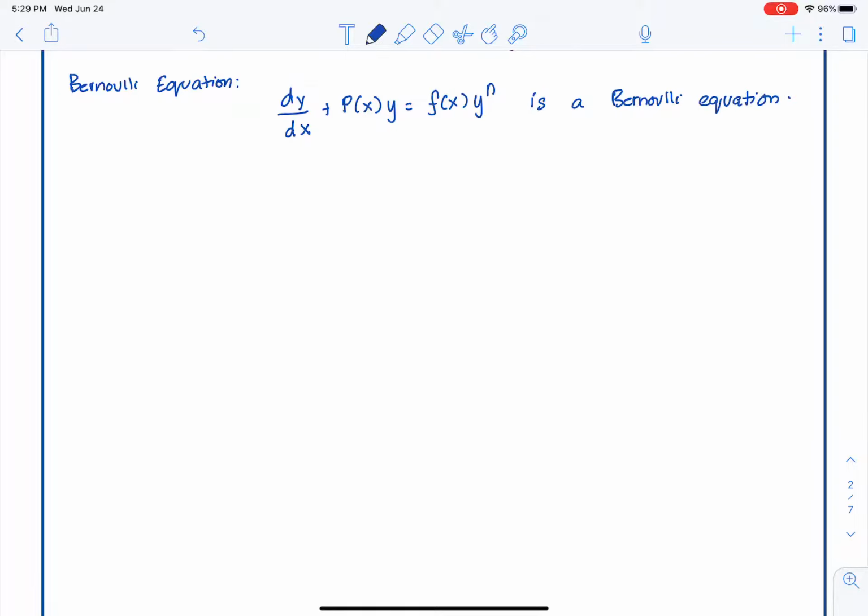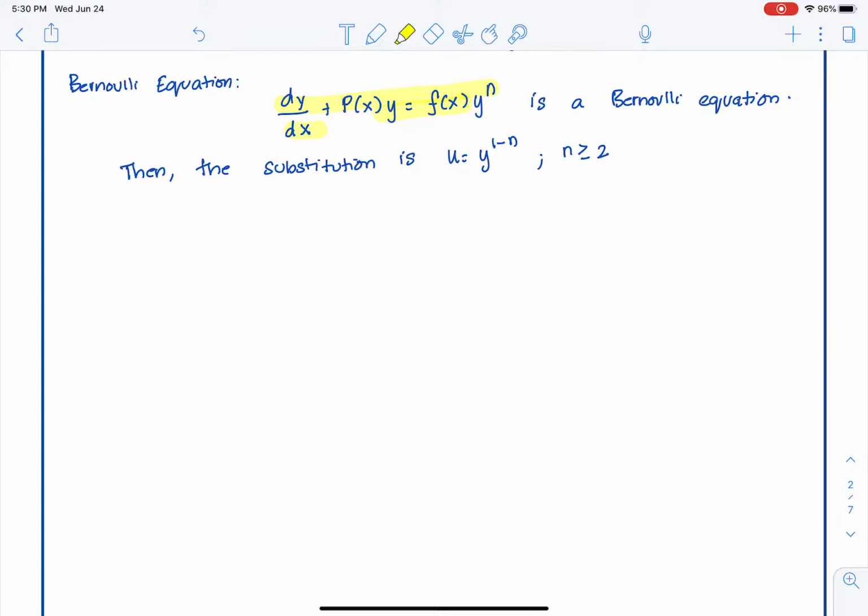If it did, then by default the substitution is u equals y raised to 1 minus n. And here n has to be greater than or equal to 2. In the other cases, it will simply reduce to a linear equation or a separable equation. So a Bernoulli equation has a very specific format, and n has to be greater than or equal to 2.